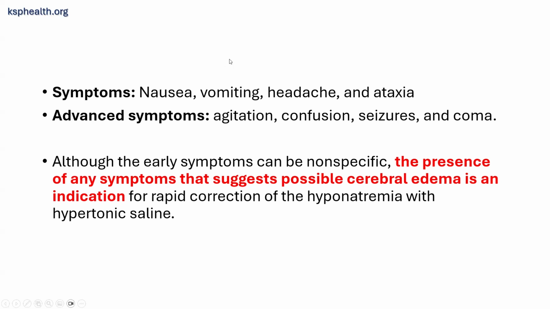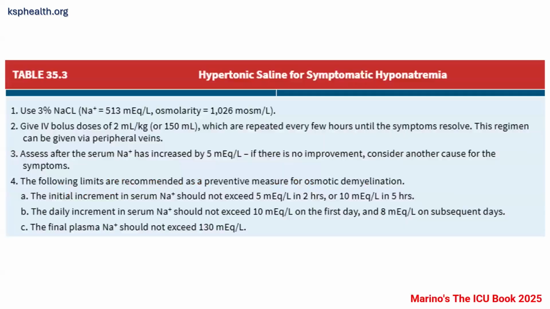You do not damage anything, but save them from further deteriorating into agitation, confusion, seizures, and coma. Although early symptoms can be non-specific, the presence of any symptom that suggests possible cerebral edema is an indication for rapid correction of hyponatremia with hypertonic saline. We'll talk about how rapidly one should correct hyponatremia.